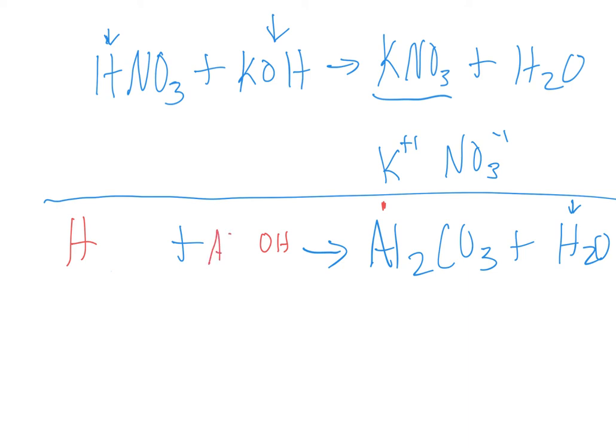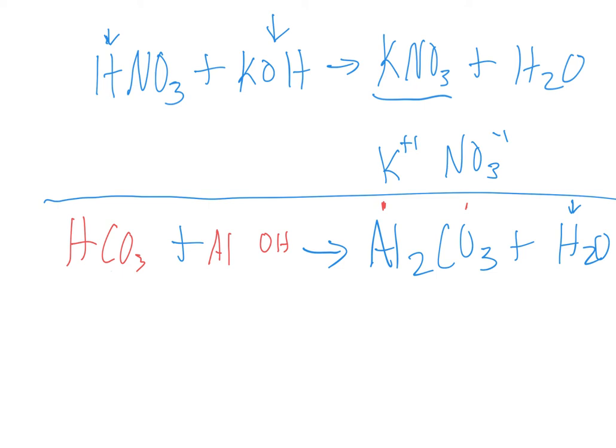So it's going to have to be aluminum, right? And over here, since this is a negative ion, it has to match up with the one over here. So this is CO3, right? So once you split everything and put it where it goes, now you just have to balance the equation to make sure that it's right.